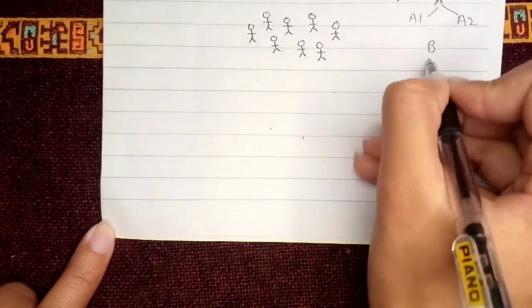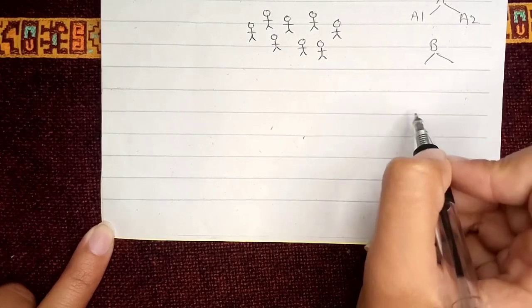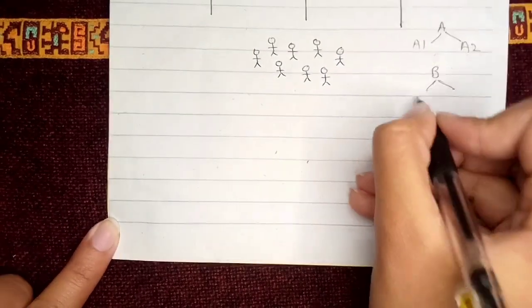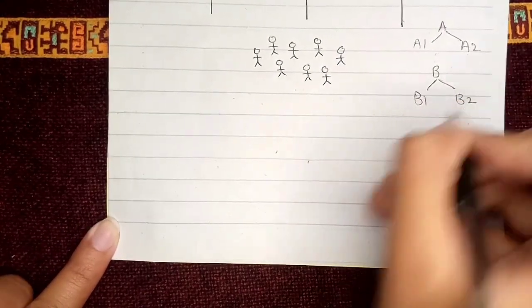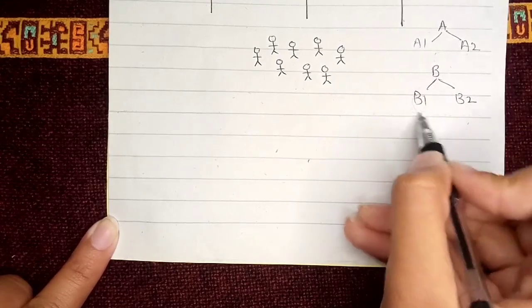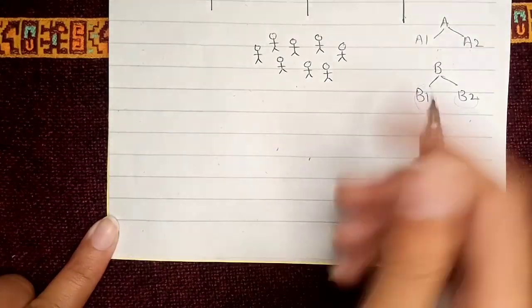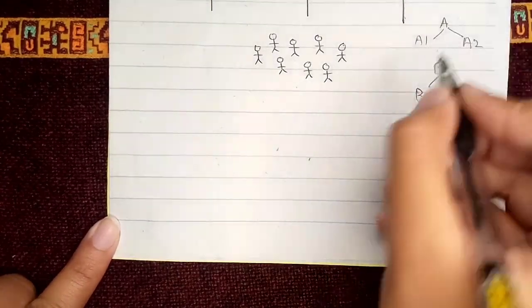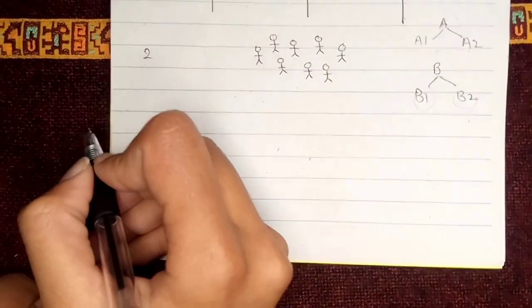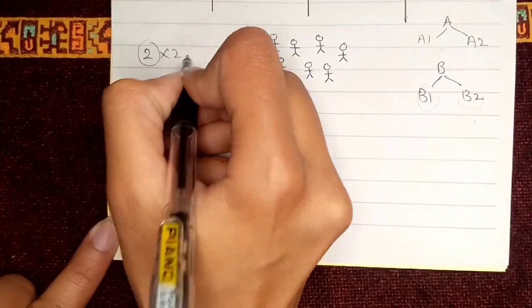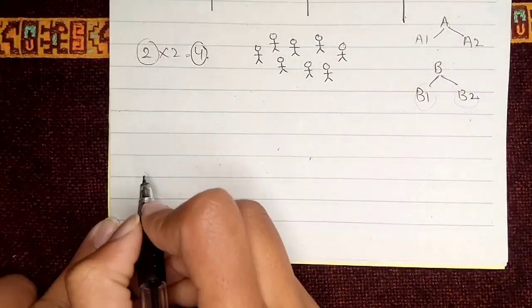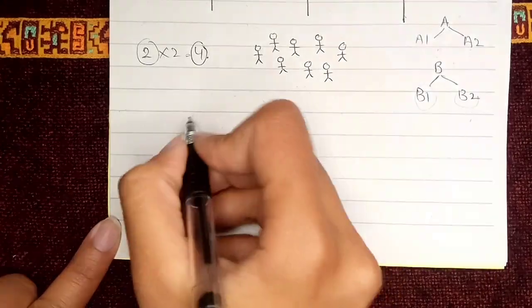Then we have B, in which he took the ultrasound example, further subdivided into B1 and B2, the ultrasound and the sham ultrasound. So how are we going to make the groups? Definitely you know that we have two factors altogether, and 2 into 2 makes 4, so we are going to have 4 groups here.